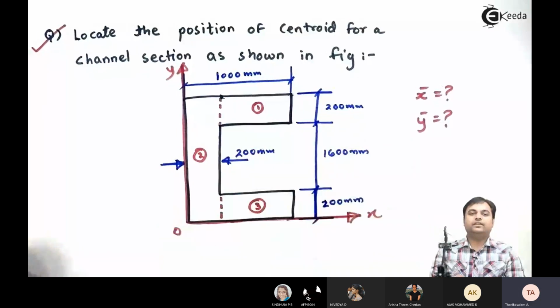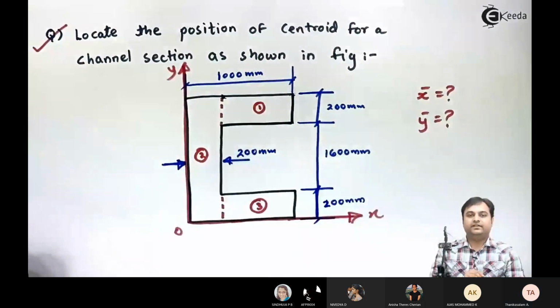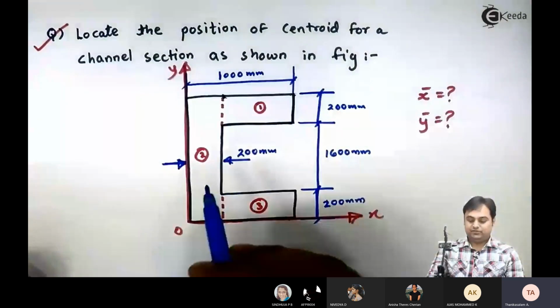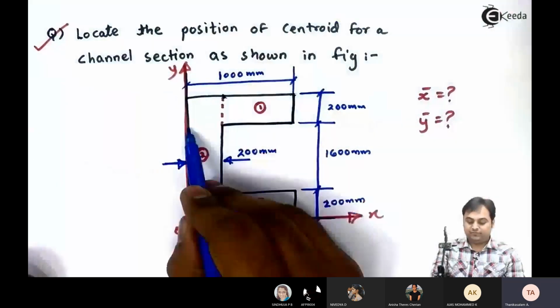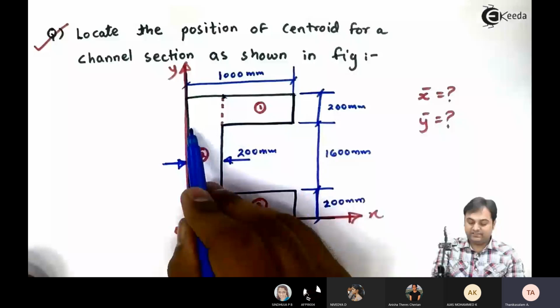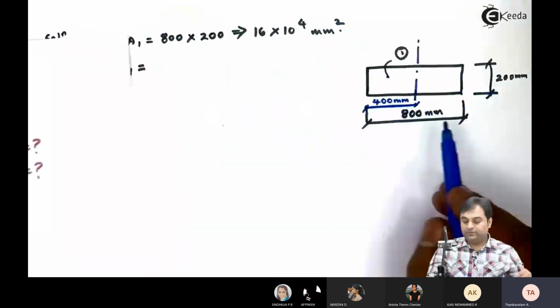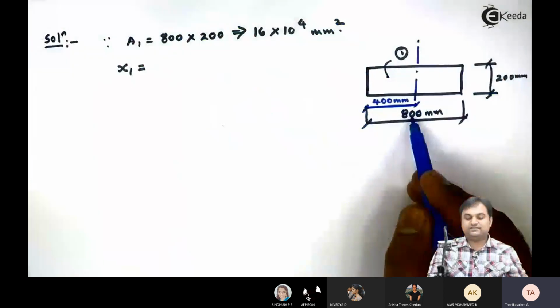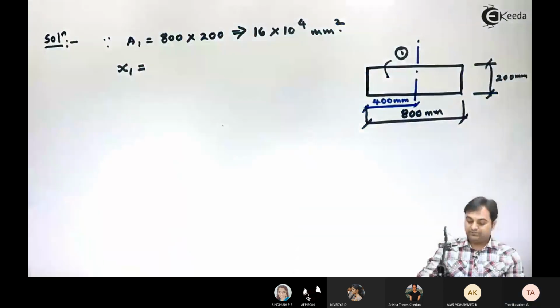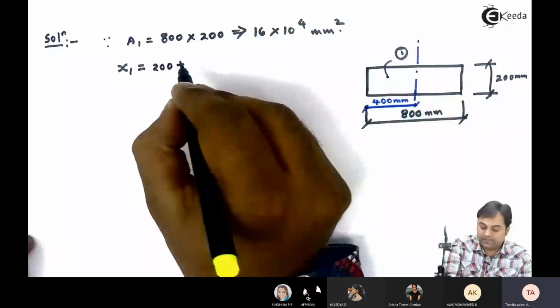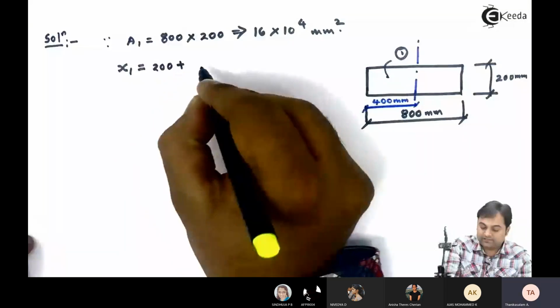But in case of centroid, we take the reference as the x and y axes, so I have to measure the distance from the y-axis. From the y-axis, this will be 200 plus 400, which gives me 600.